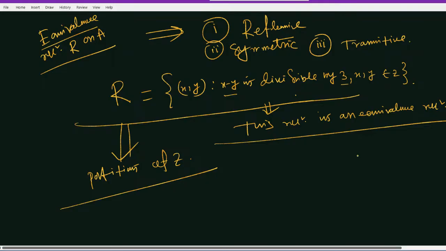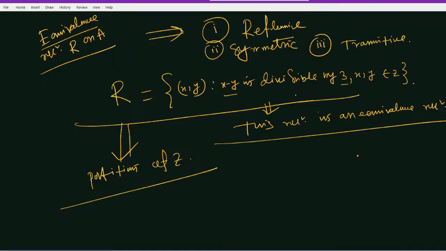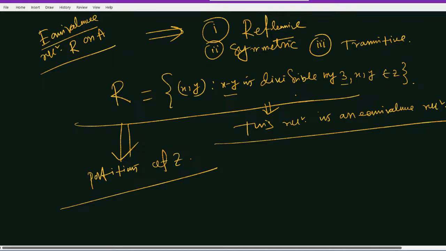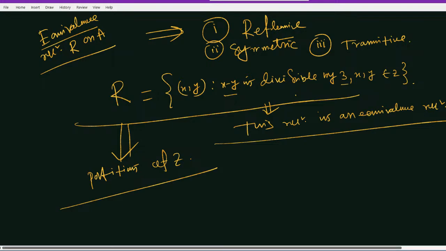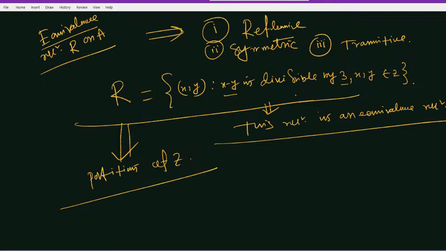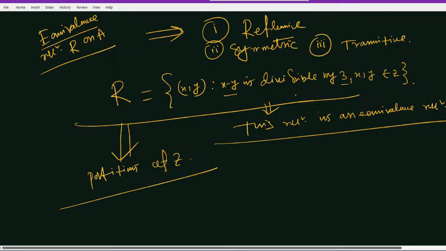Out of these three sets, there is no point common. I mean, if you go by their intersection, what do you observe? It's a null set, pairwise. P1 intersection P2 is a null set. P2 intersection P0 is also a null set.